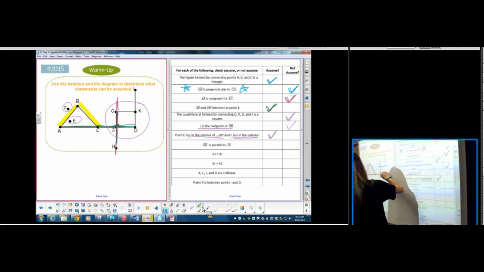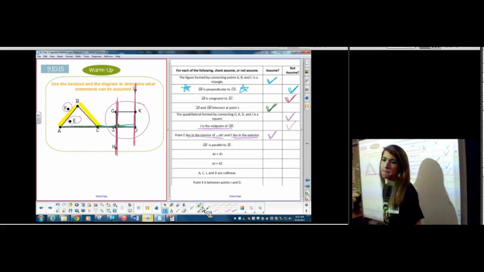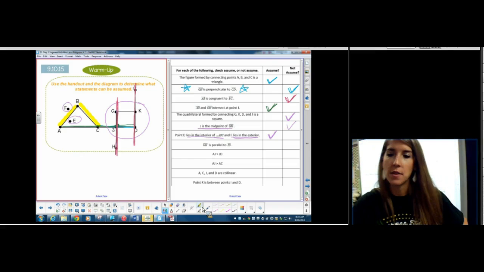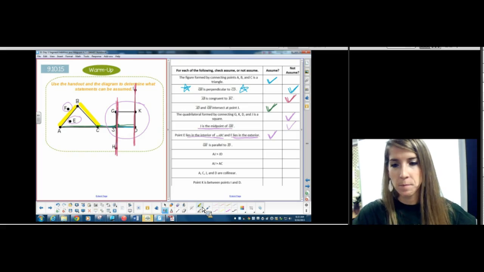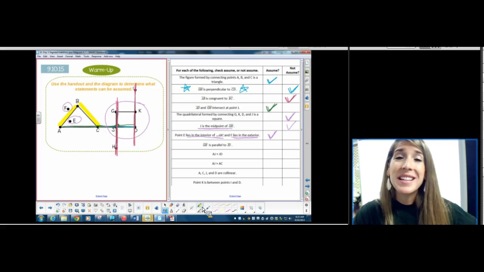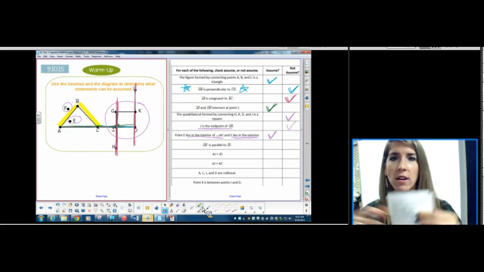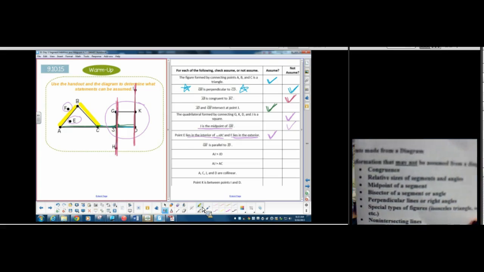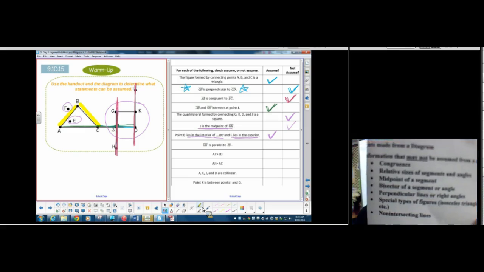GH, this red one, is parallel to ID. What do you think? This one is so tempting. And, you know, I don't see the word parallel lines on what I can't assume. But what do you see instead?